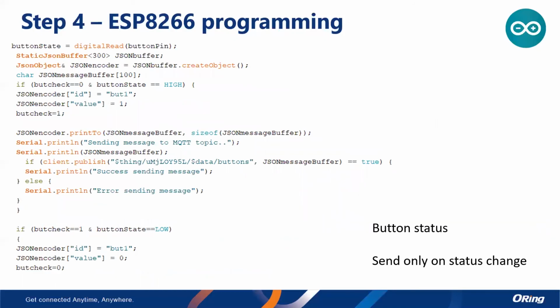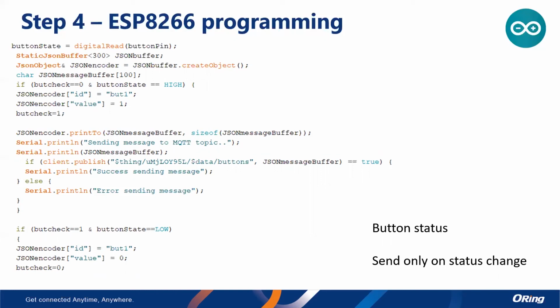Next step is button status. In this case, our goal was to send the button status only when it's changed. So we don't want to publish too much information at some specific time interval. We want to send the information only when the button status changes, so when the button is pushed or released.